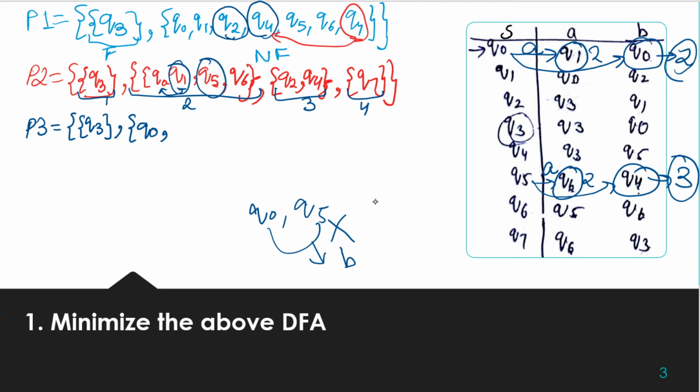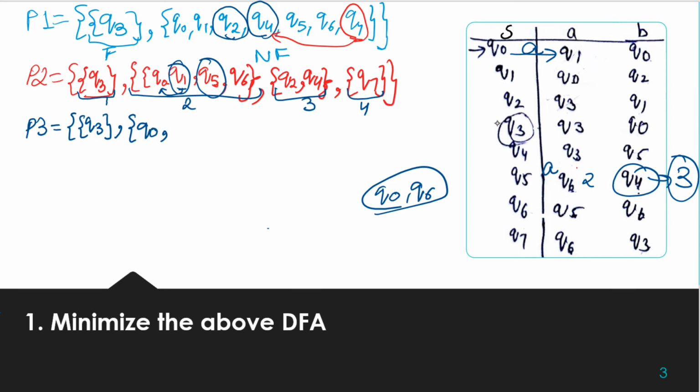Now let's check the compatibility of Q0 with Q6. From Q6 we are moving to state Q5, and from Q0 we are moving to state Q1 for input symbol A. So Q1 and Q5: in partition 2, Q1 is part of group 2 and Q5 is also part of group 2.